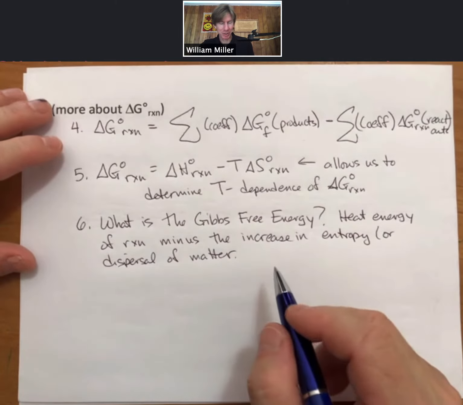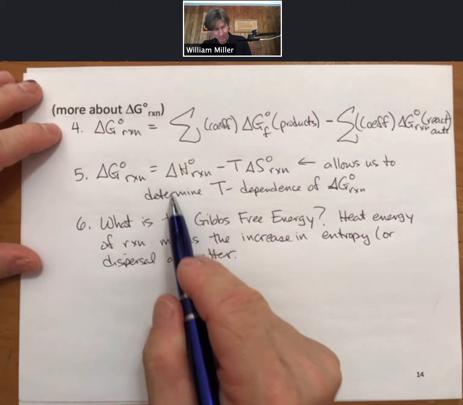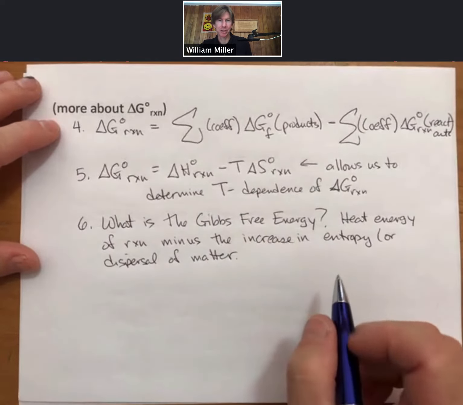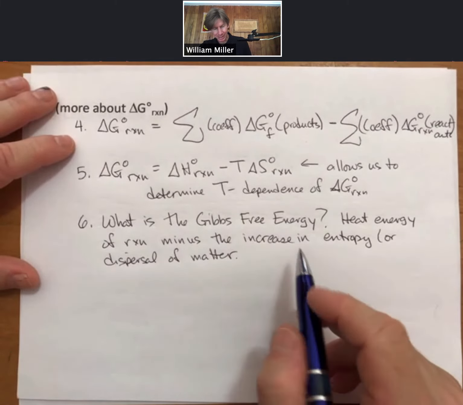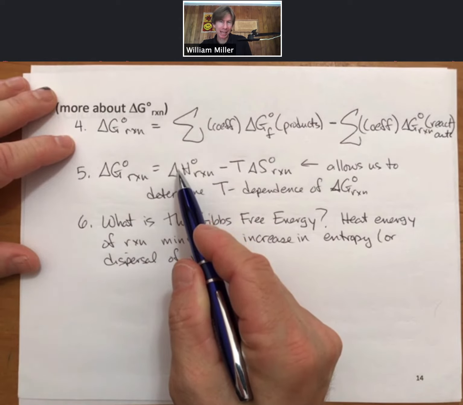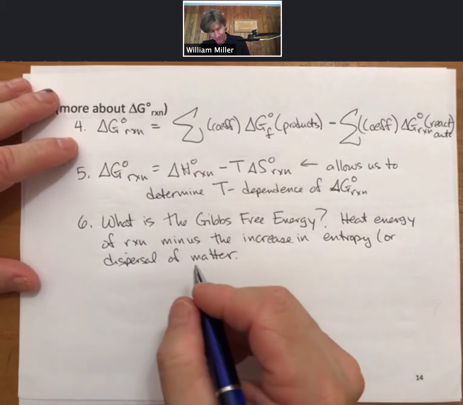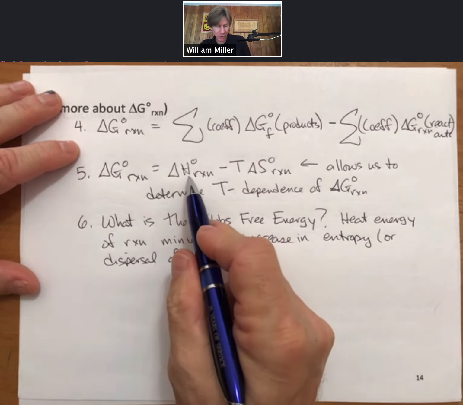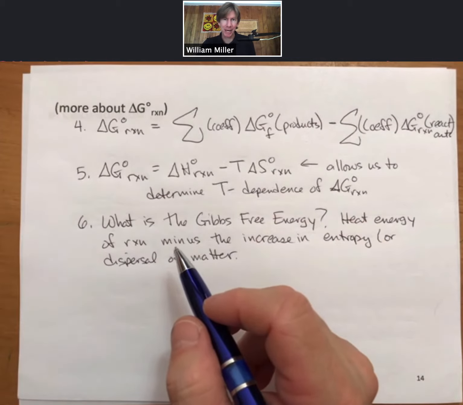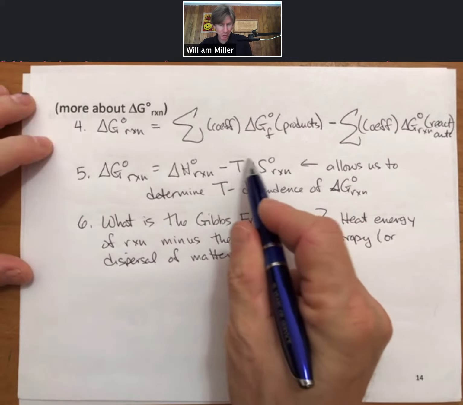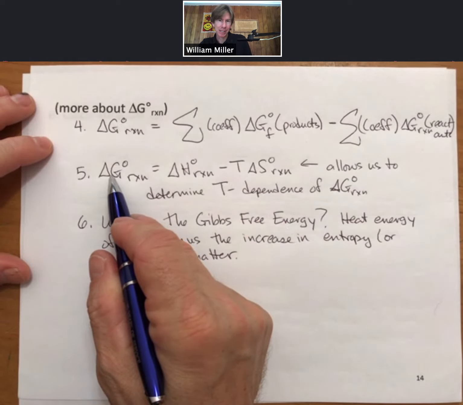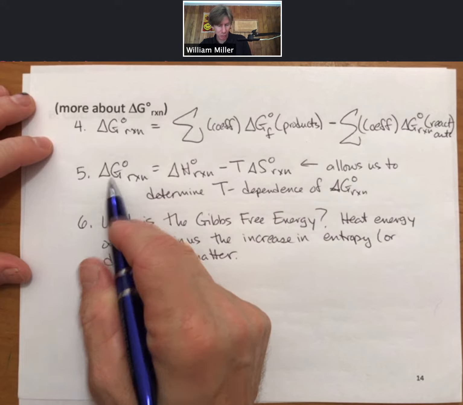I'm not sure if that helps at all. The heat energy minus the increase in entropy, and there's a temperature factor in there. Now, think of the heat energy as the energy that can do work, except that some of that energy is used up to disperse matter. So when you subtract this part off, what's left, and what's called the free energy, is the energy that's available to do work.